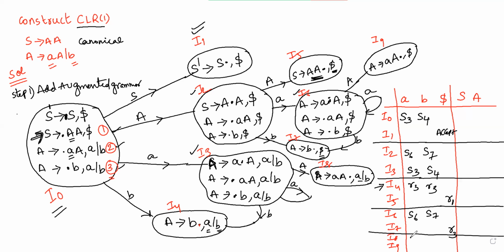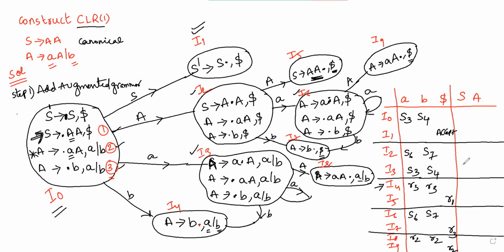Now I9. What is I9? A tends to AA dot. This production is the second production, so in place of dollar you write R2.